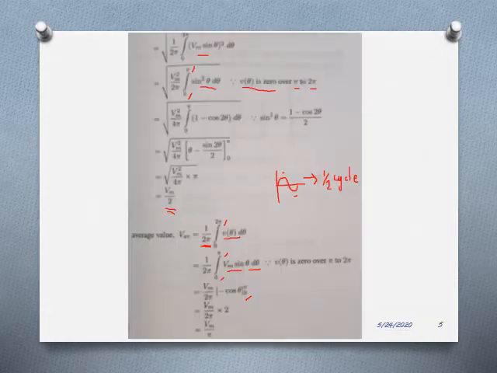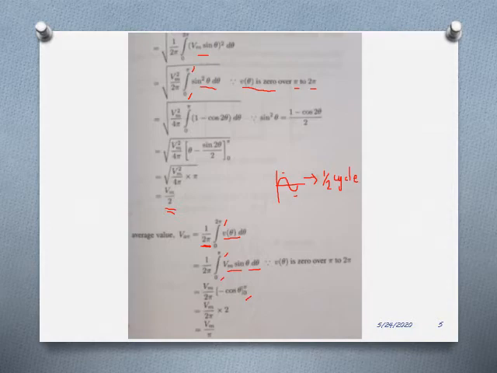Next is the RMS calculation. Substitute for the time period as 2 pi and the function V of theta we have already split into 2 time intervals, that is 0 to pi and pi to 2 pi. Since the V of theta is 0 for pi to 2 pi, we are considering only the time period 0 to pi.